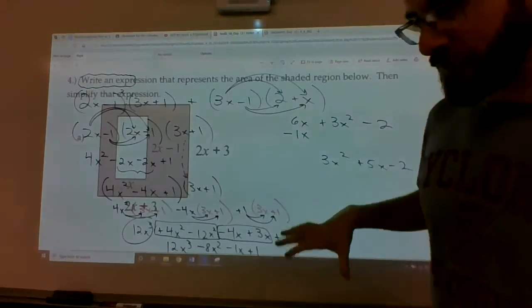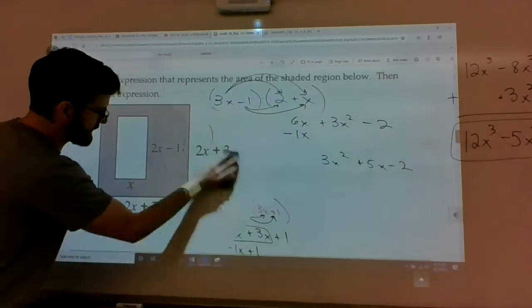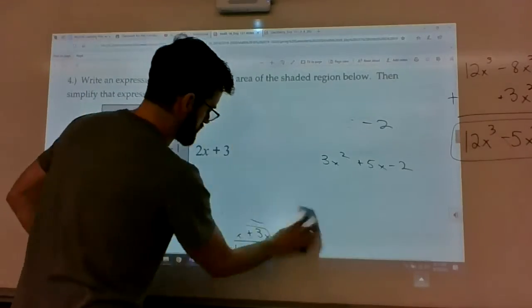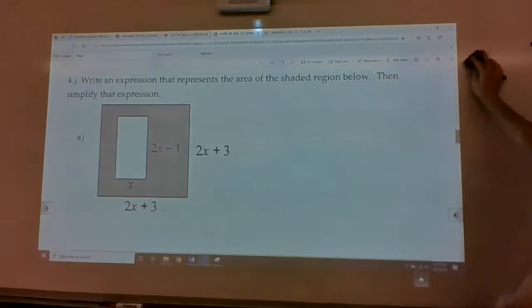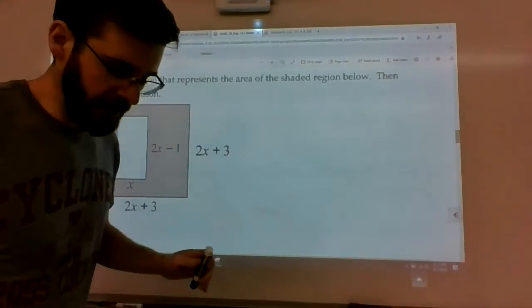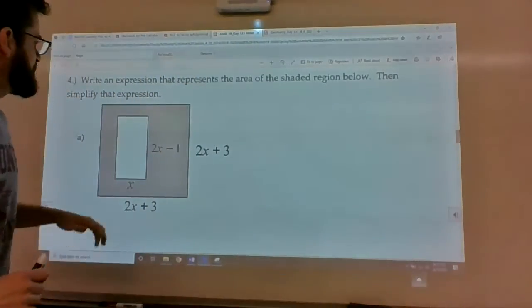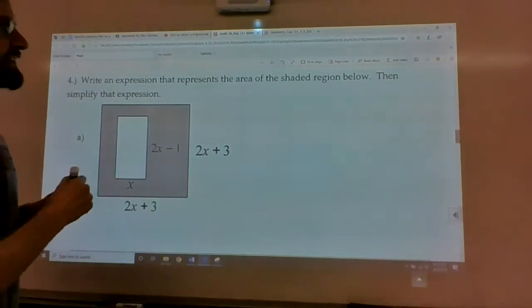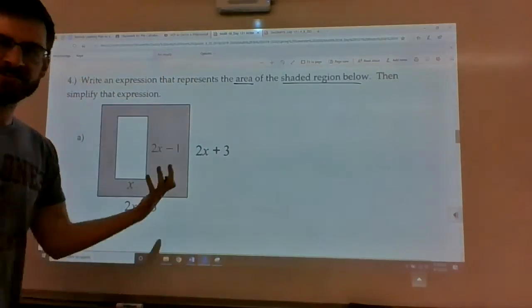I'm going to erase all this first, though. I almost slipped on the Chromebook charger. Okay. So it says, write an expression that represents the area of the shaded region below. Then simplify the expression.